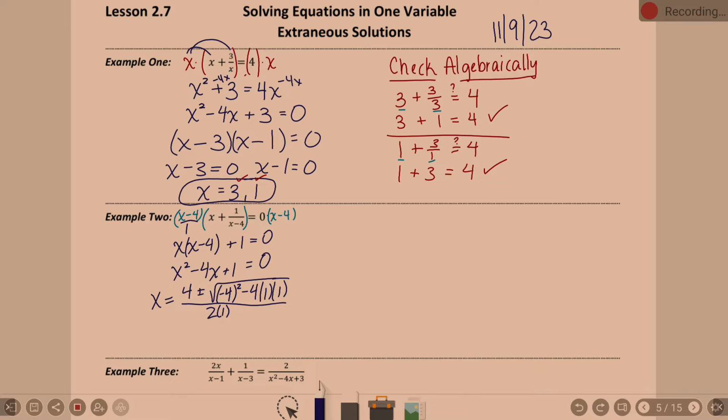Let's do some cleanup. 4 plus or minus, what do we have under that square root? 16 minus 4, which is 12, all over 2. So 4 plus or minus square root of 12, all over 2. Keep going with that. Will it just be 2 plus minus square root of 6?